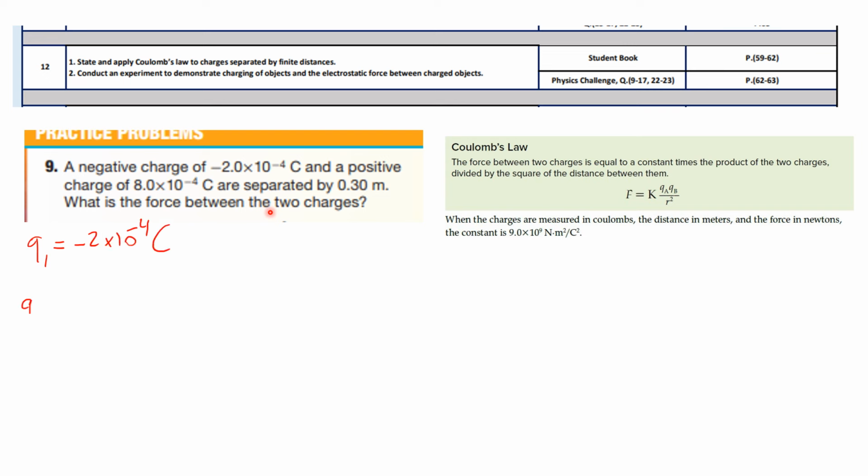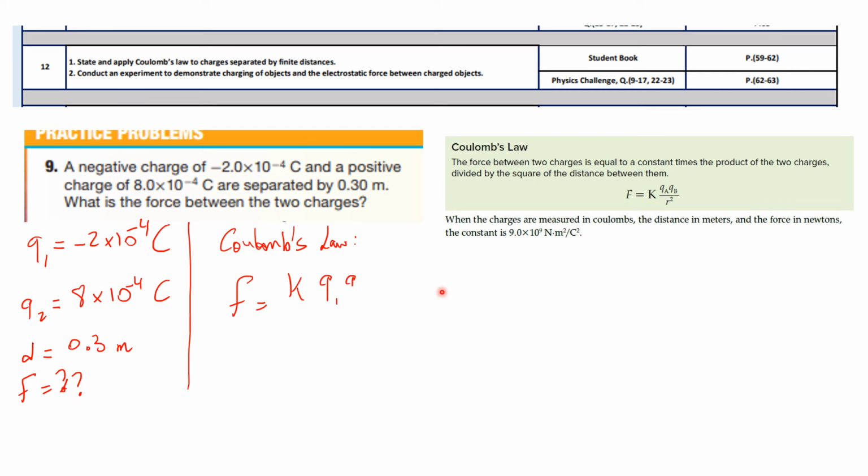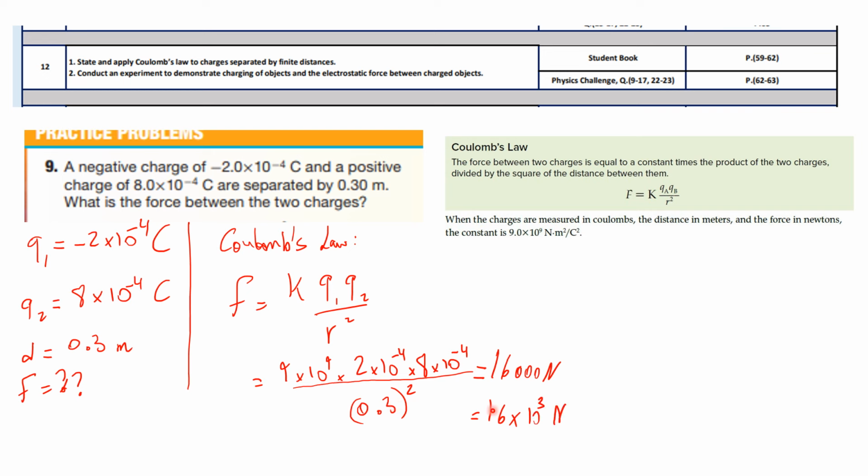And here we go, the given Q1, Q2, and the distance 0.3 meter. So asking for the force. So what's the force equal to? It's K, which is 9 by 10 power of 9, multiplied by the first charge by the second charge over distance square, which is equal to 16,000 or 16 by 10 power of 3 Newton.